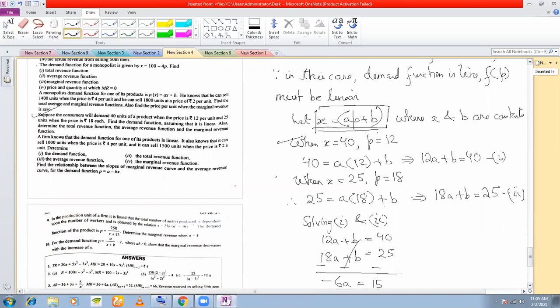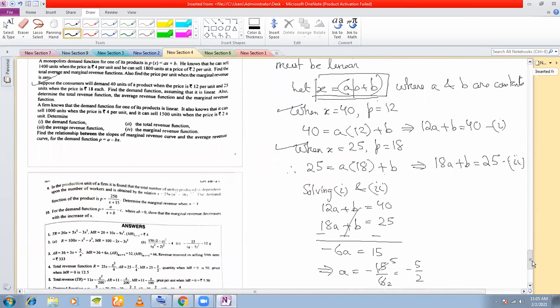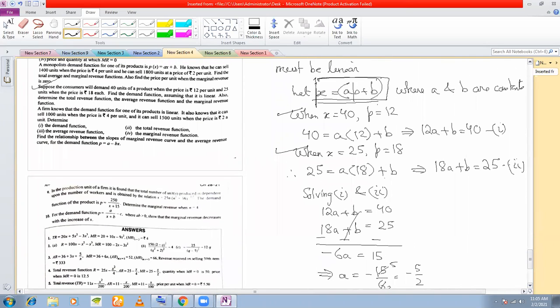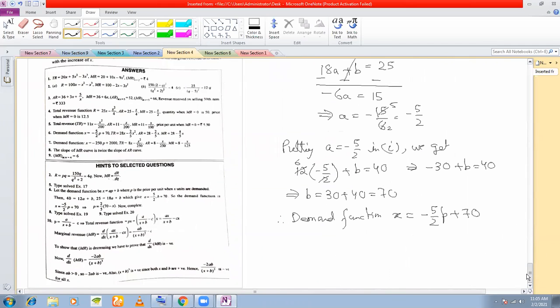Now with the help of these two conditions, we found out the values of a and b. So, putting the values of a and b back in x is equal to ap plus b, we get the demand function. Is it clear? So we have found out the demand function.